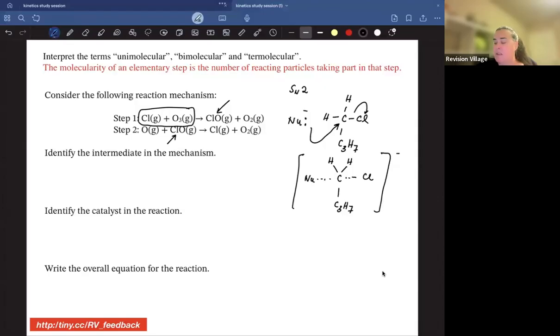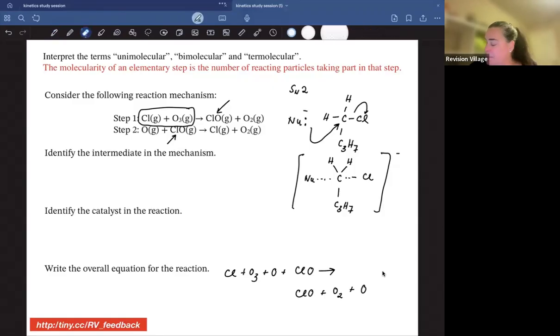So this is a two-step reaction, but overall what's happening, let's add those together. So if I add them together, I'm going to have chlorine and ozone and oxygen and chlorine monoxide on the left. And on the right, I'm going to have chlorine monoxide and O2 and monatomic oxygen. Oh my God, no, I'm not. Monatomic chlorine.